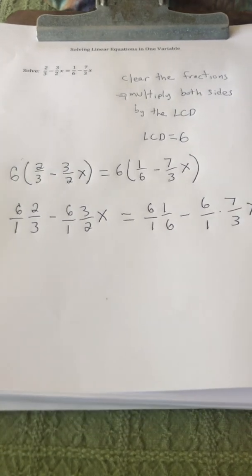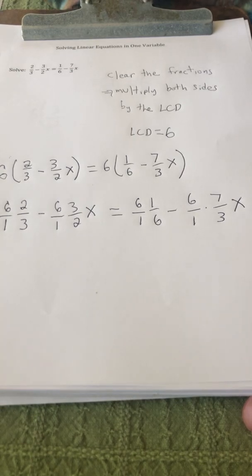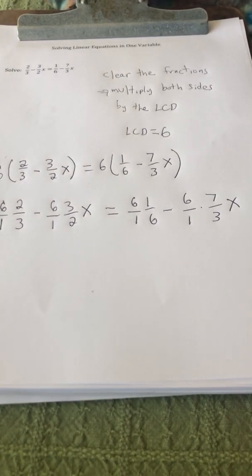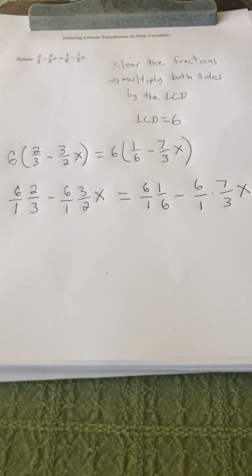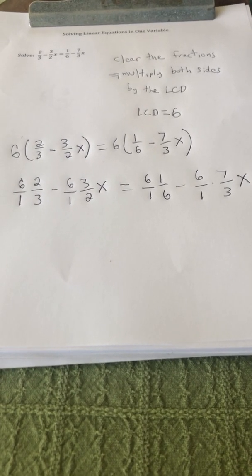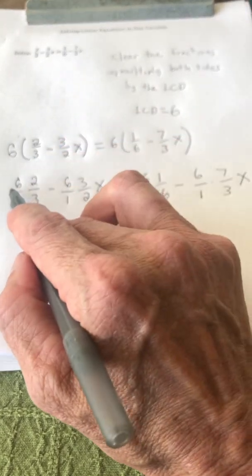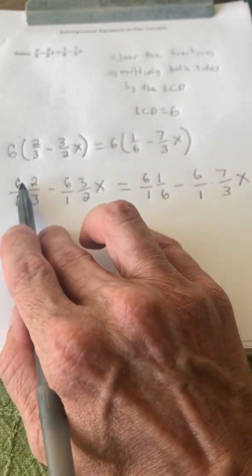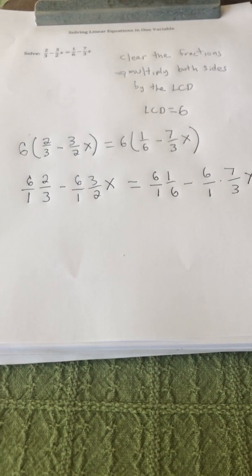So now when we simplify, what we do is cross cancel. Not cross multiply, but cross cancel. You can cancel like factors. 6 and 3, so they have a factor of 3.